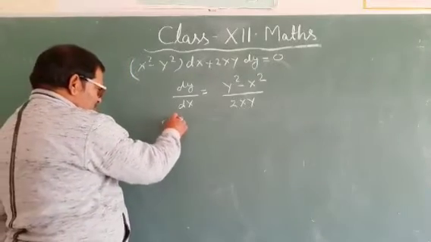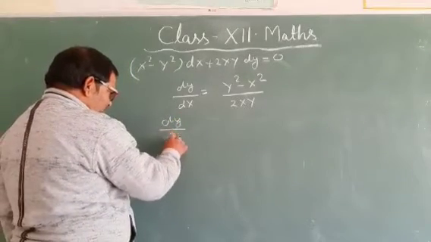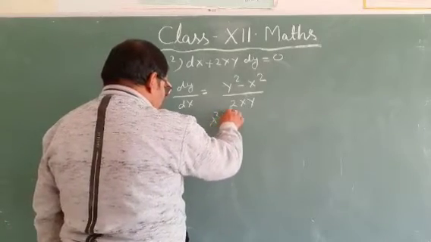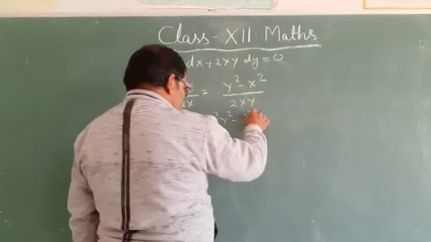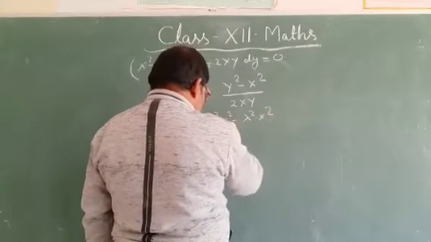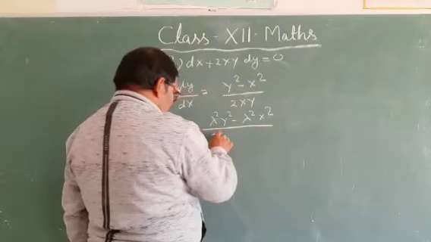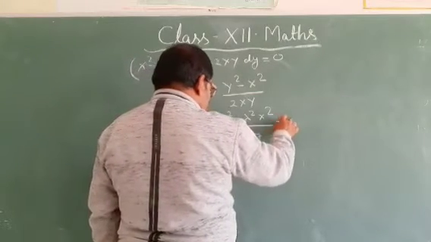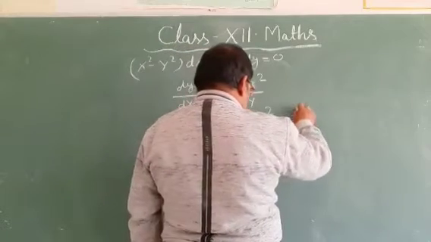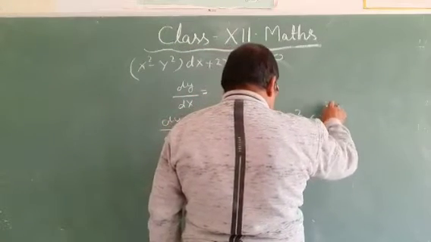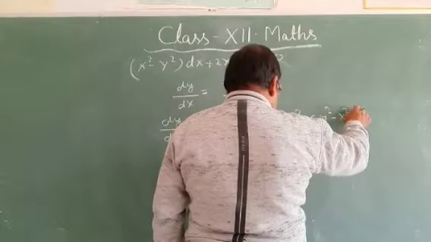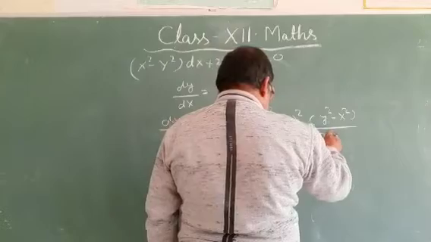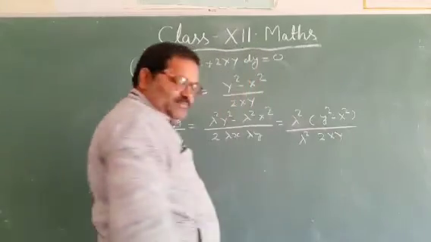So dy upon dx is equal to (lambda square y square minus lambda square x square) upon 2 lambda x lambda y, that's equal to lambda square (y square minus x square) upon lambda square 2xy.